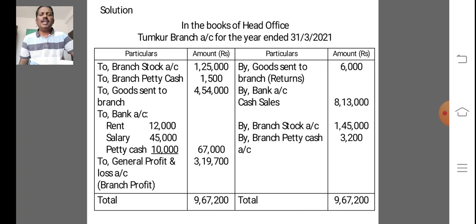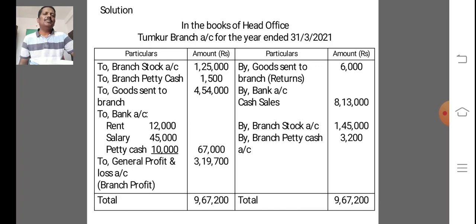And come to the credit side by crediting opening liabilities. In this problem, there are no opening liabilities, and crediting goods sent to branch account, that is returns by branch to head office 6,000, and crediting the bank account with the remittance made by the branch to head office out of collections from debtors, cash sales and other receipts, 8,13,000.